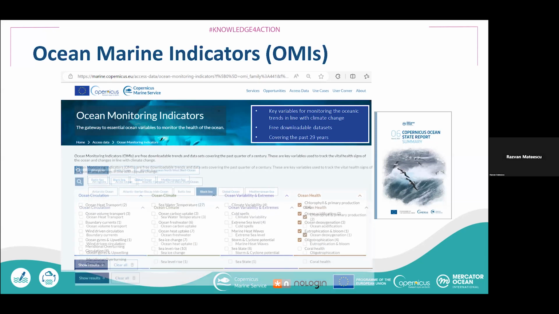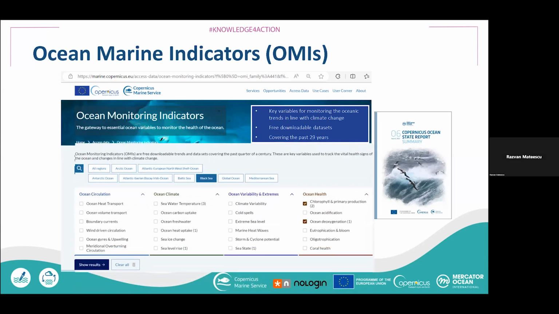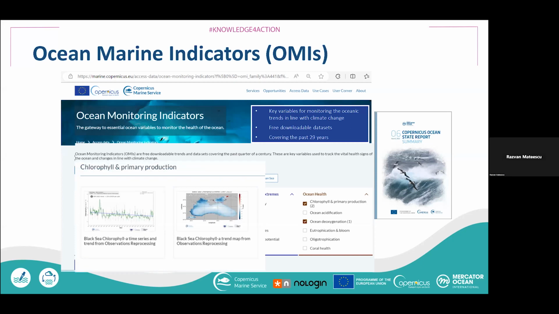As an example, let's say also the Black Sea, you might have here some specific ocean health indicators, not very well developed, but you'll find the chlorophyll and primary production indicators together with ocean deoxygenation indicators. So here the icons look like these ones, and sure that all these trends and time series for observation and observation reprocessing you will find in a specific format for downloading.